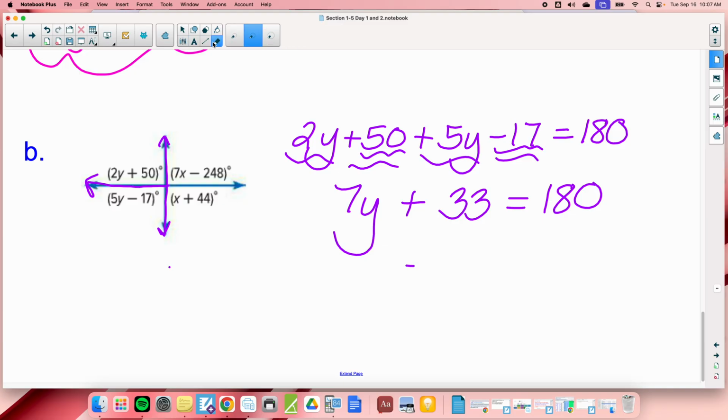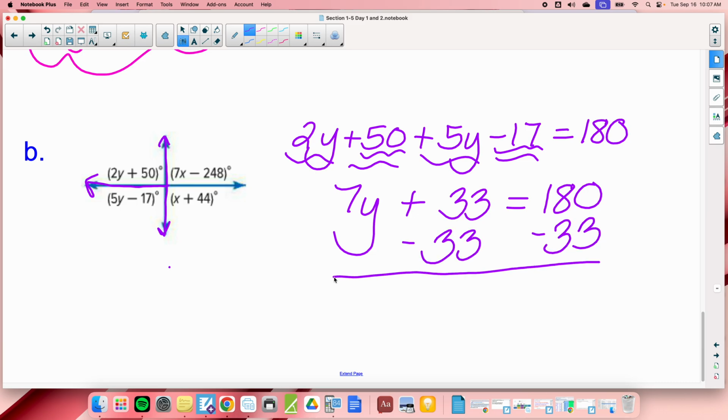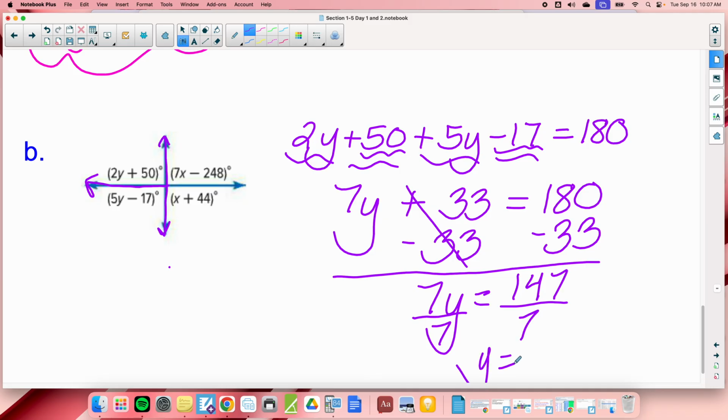Now to bring that 33 over, I'm gonna subtract 33, and I get 7y equals 180 minus 33, which is 147. If I divide by 7, y is going to equal 21.